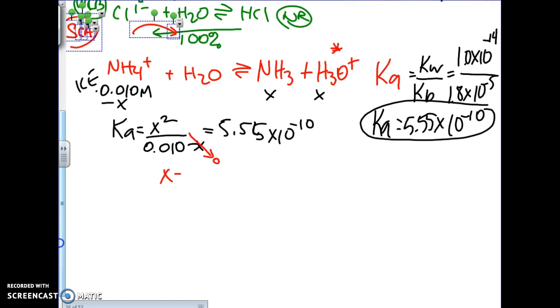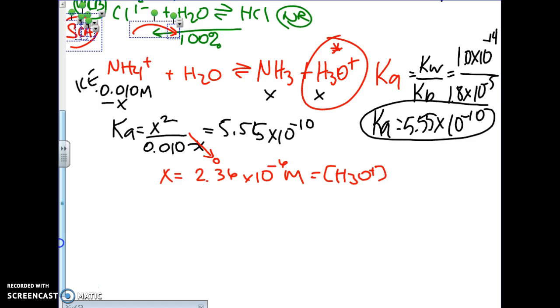So x is going to be equal to the square root of 0.01 times 5.55 times 10 to the negative 10th, and that's 2.36 times 10 to the negative 6th molar, and then your job is to say, what the heck is x? Well, that happens to be hydronium, and that's our species of interest to give us the ability to calculate pH.